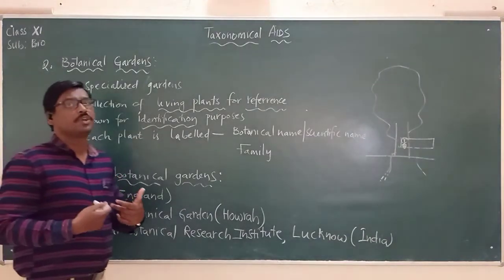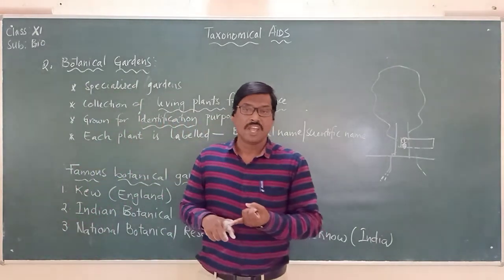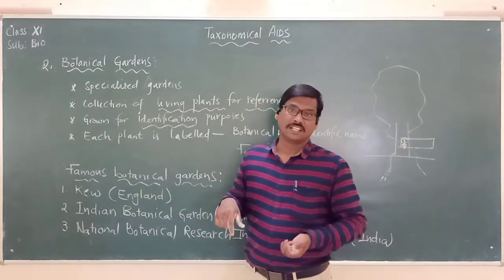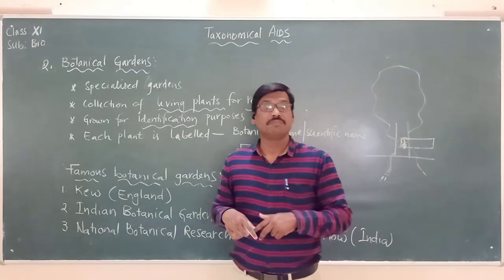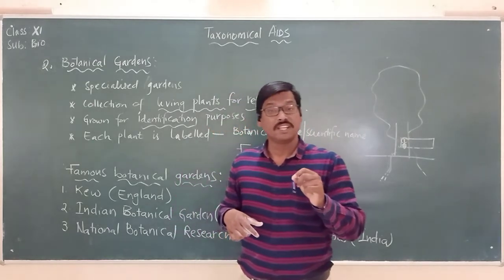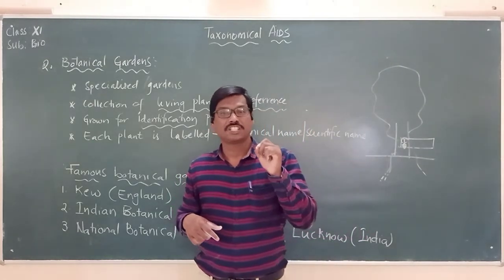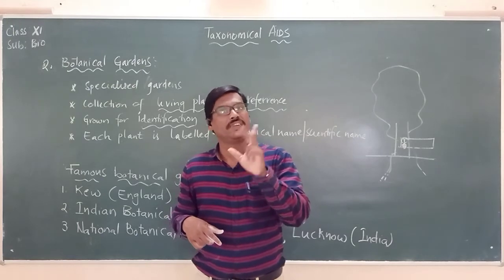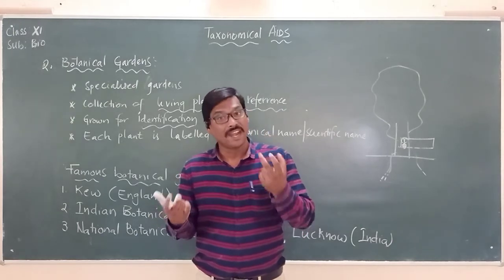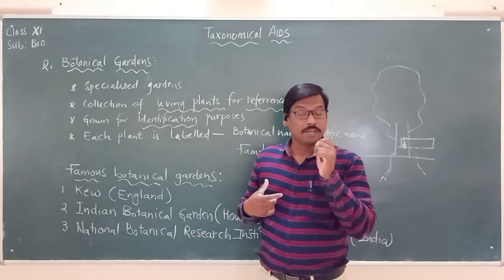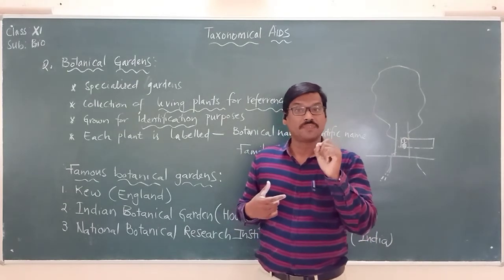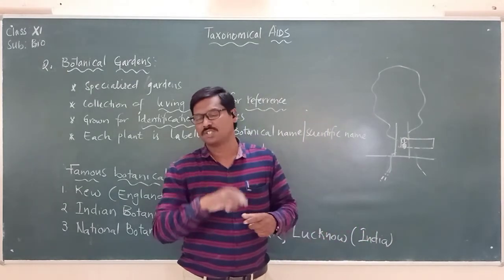So in this video we studied the herbarium and also the botanical gardens. But please remember, in the herbarium we are drying, pressing and preserving plant specimens which are non-living. Herbaria are used as a quick reference system in taxonomic studies, don't forget that.